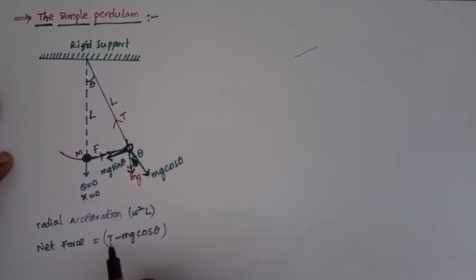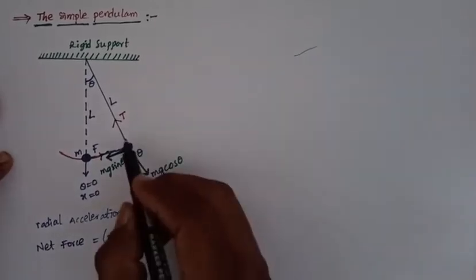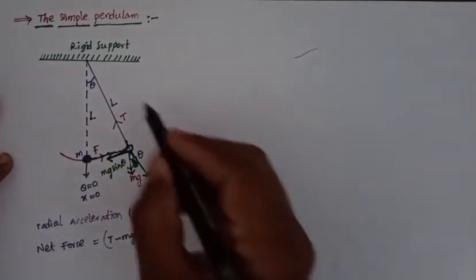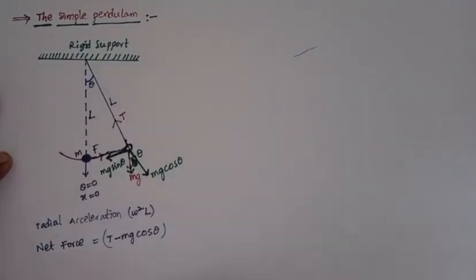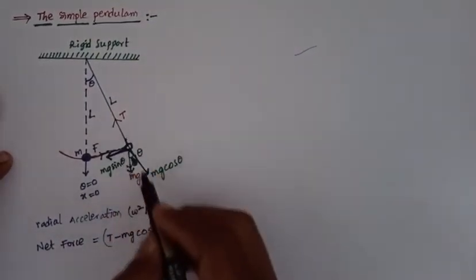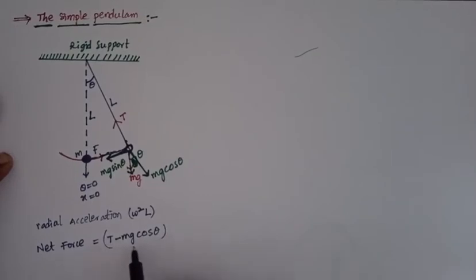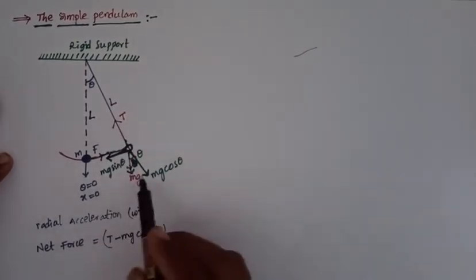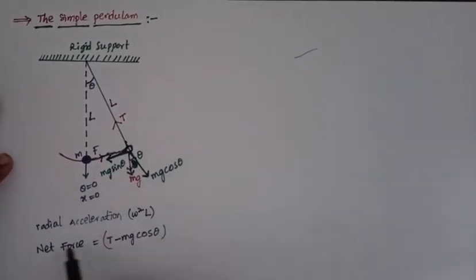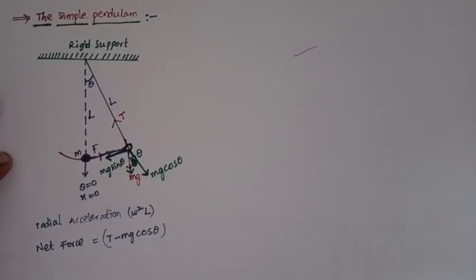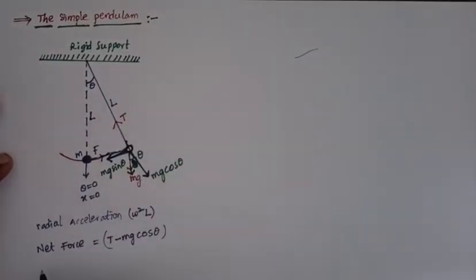Why T minus? They are opposite to each other, so the upward direction is positive and the downward direction we take as negative. T minus mg cos theta is the net force, and this net force is along the radial direction.